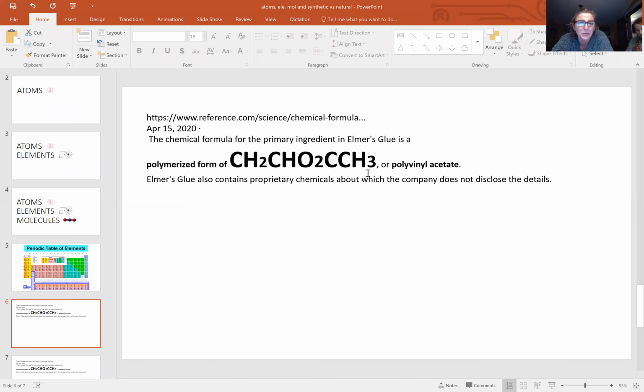That's what Elmer's glue is. It's a polyvinyl acetate. That is not a naturally occurring substance. However, the elements bonded together to make molecules come off of the periodic table. So natural elements create synthetic material.